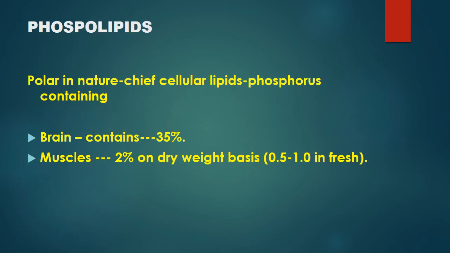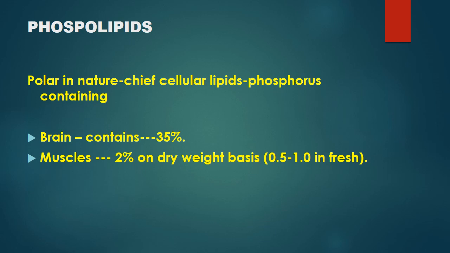Now we have discussed four different classes of lipids, of which one example I mentioned is phospholipids. They are polar in nature, cellular lipids and phosphorus containing. As we know, in the cell membrane there is the phospholipid bilayer that is very important for all biological functions of the cell.